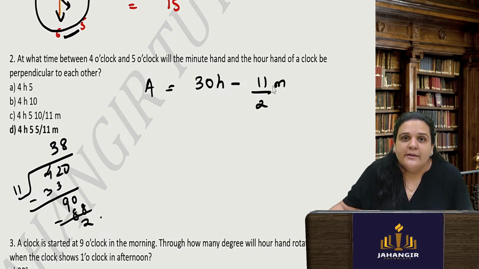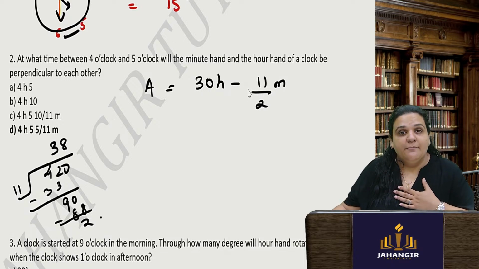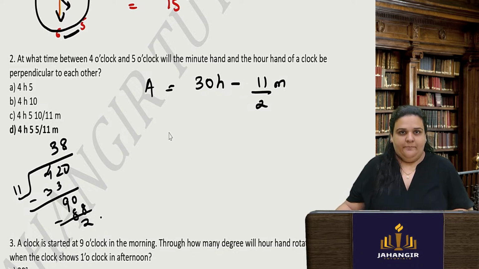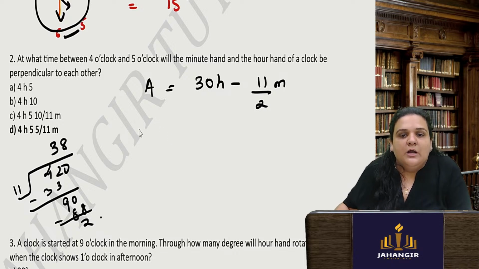You can open your institute's book, modules, and you can check. In some, they have solved it by this formula. Some sums they have solved by the formula which I have been doing all this while. So in clocks, this is a possibility. It can happen. Alright, okay.